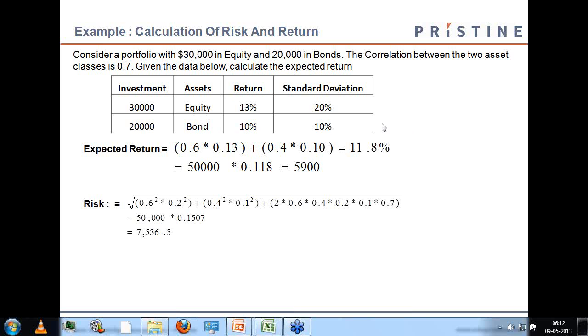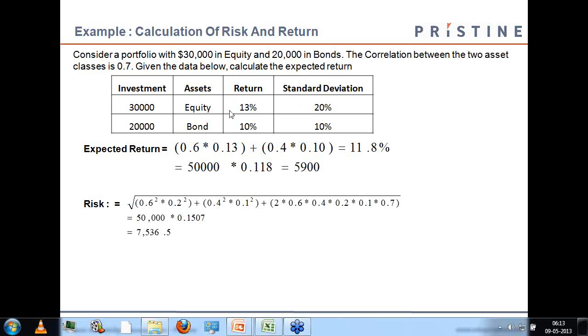So the basic concept in finance is that higher return is always going to come with higher risk. So returns and risk are positively correlated. If you go for higher return, then there is a higher risk associated with it.